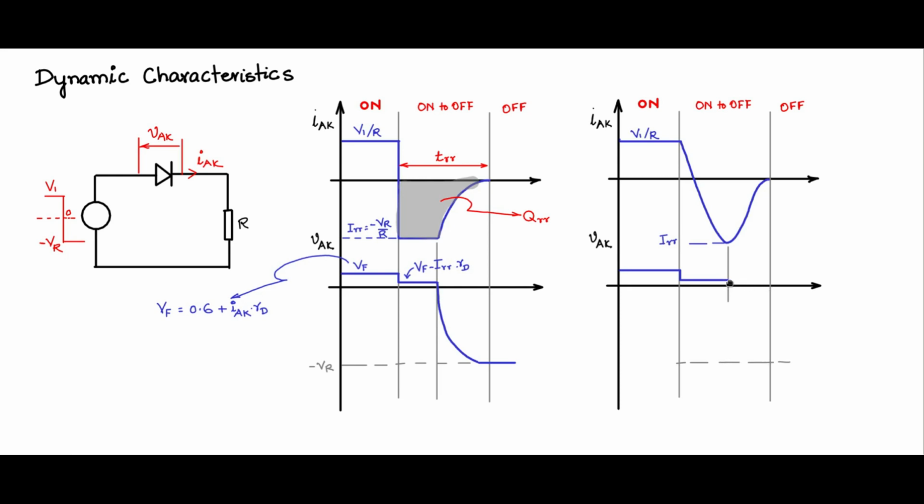And then here the diode reaches the blocking state when all the charges have recombined. So this is the reverse blocking state when it is fully in the off condition. This area here is the reverse recovery charge QRR, and this time here is called TRR, reverse recovery time.